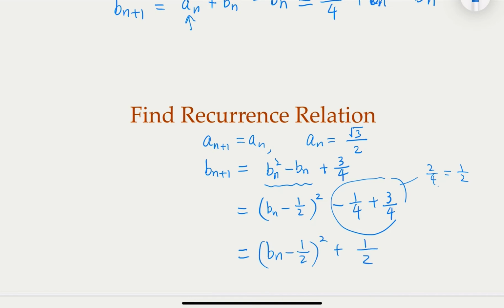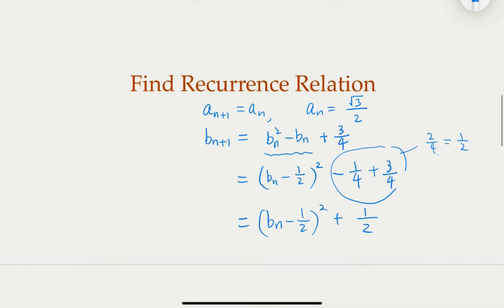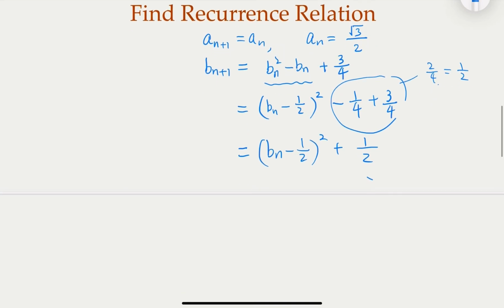You notice that if you were to move these to the left hand side, you're going to see maybe a clear pattern here. bn plus 1, I'm going to move this to the left hand side, minus 1/2, is going to equal bn minus 1/2 squared.